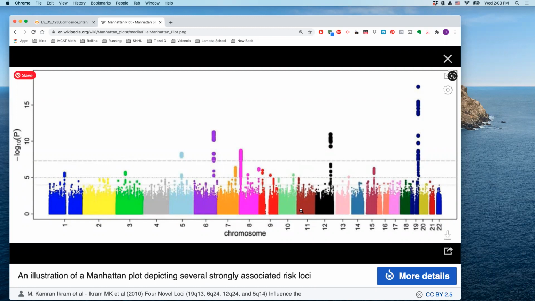This is like millions and millions of things to see if any of them are associated with the presence or absence of disease. So basically, we're talking about doing perhaps a million chi-square tests, or at least thousands of chi-square tests, all at the same time.